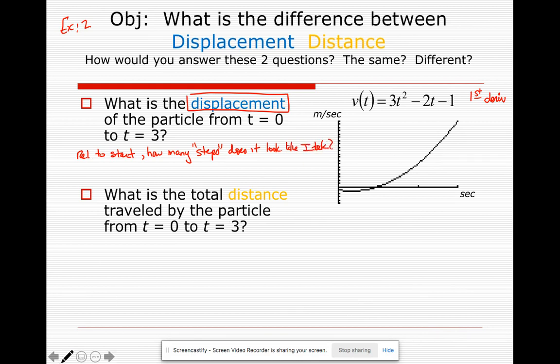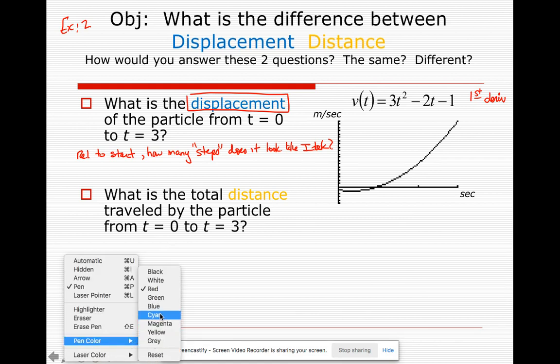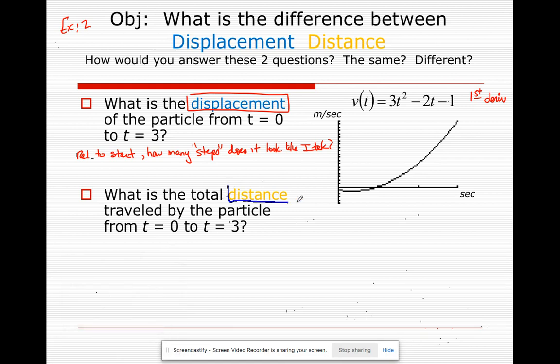Whereas distance, I would do the same thing, but ask you to open your eyes. And relative from where I started, how many steps did I actually take?